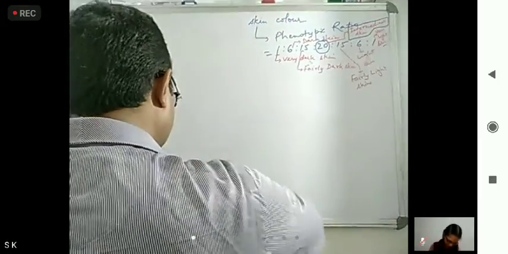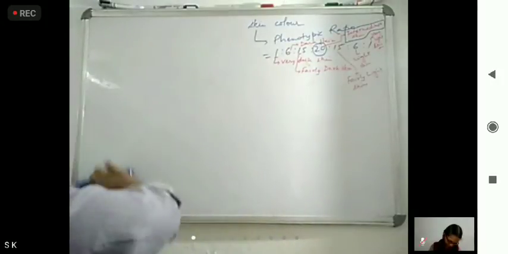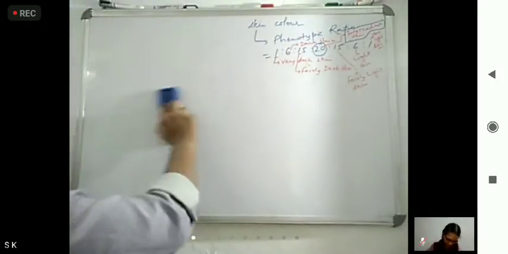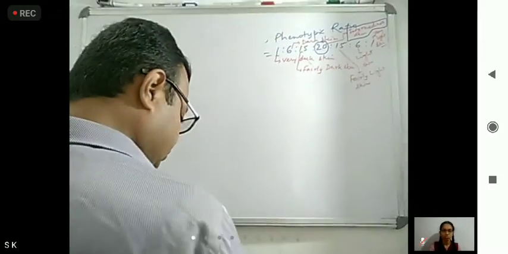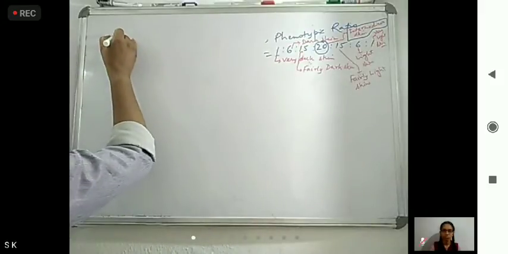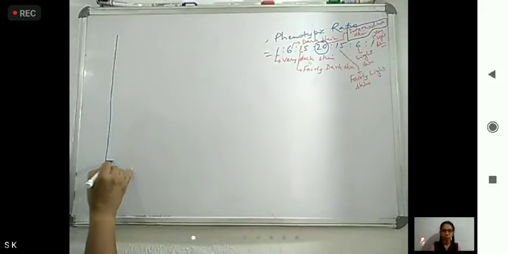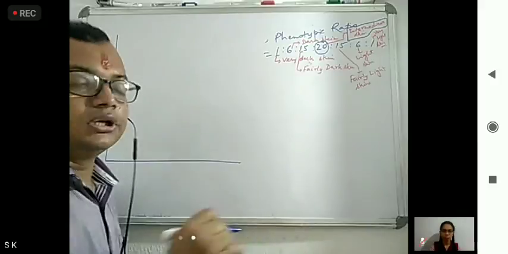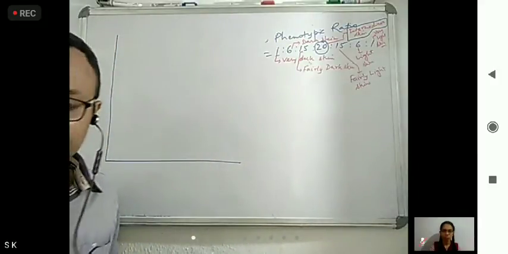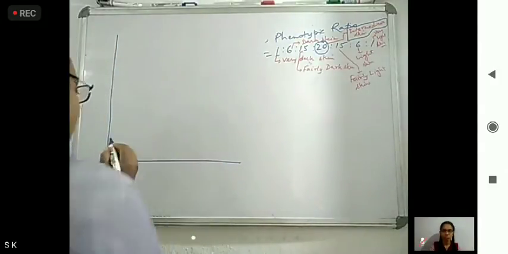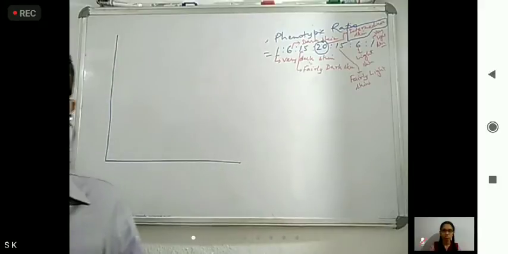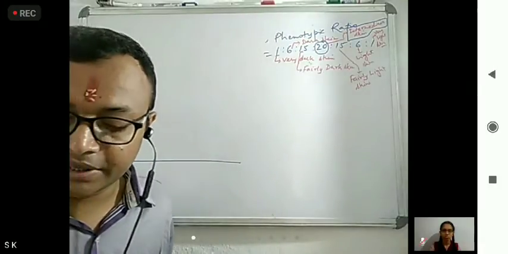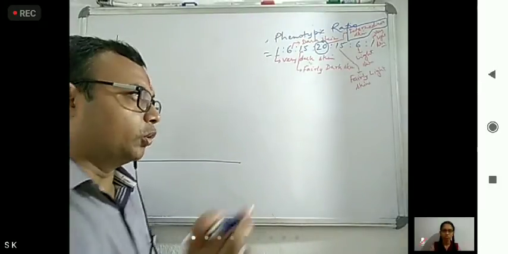This is the polygenic inheritance ratio in human skin color. Now this ratio is being graphically represented by a scientist whose name was Davenport.